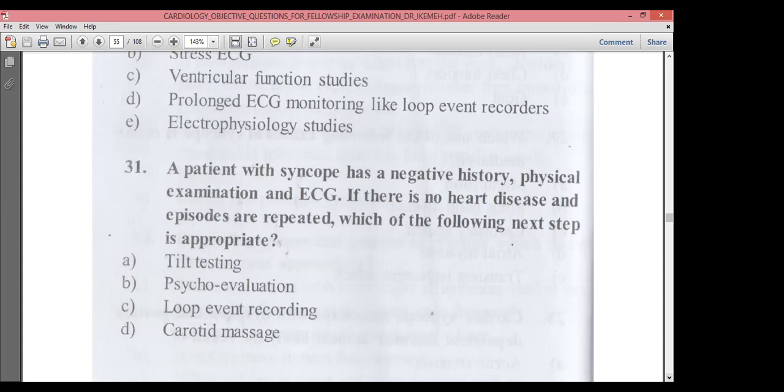A positive response will include bradycardia and asystole. So that's how you know if the massage is positive. That is the answer, option D.